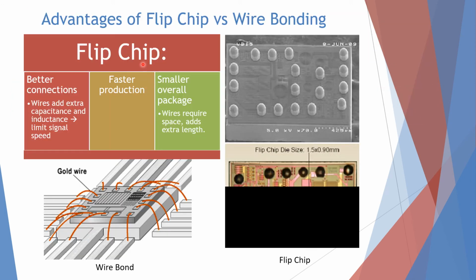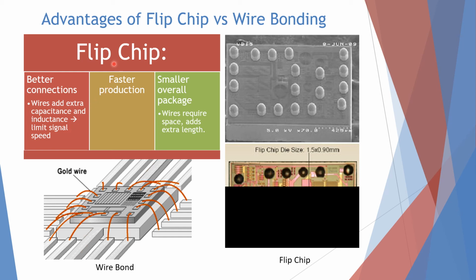Usually the flip chip is much better than wire bonding. So why is flip chip better than wire bonding? The first one is better connection, where wire usually will add extra capacitance and inductance, so it will limit the signal speed.